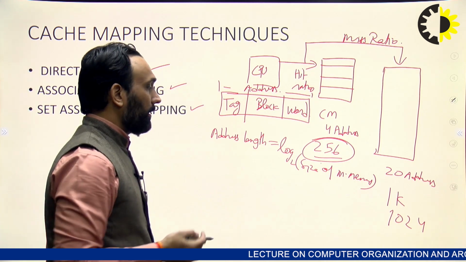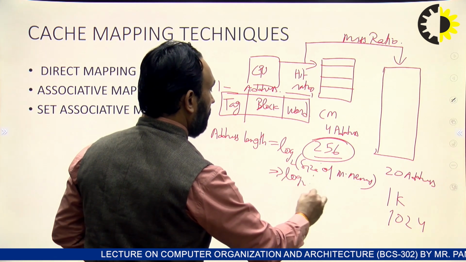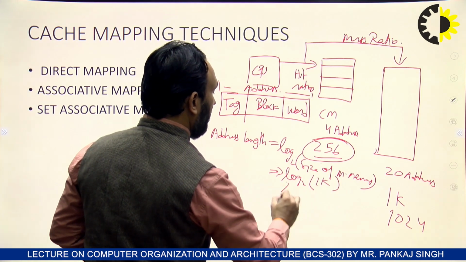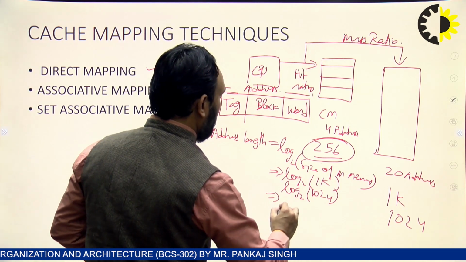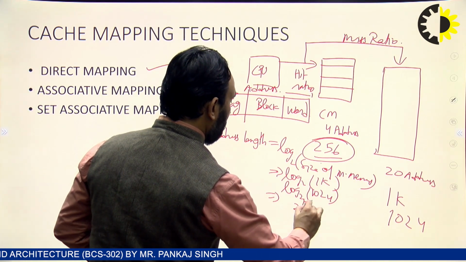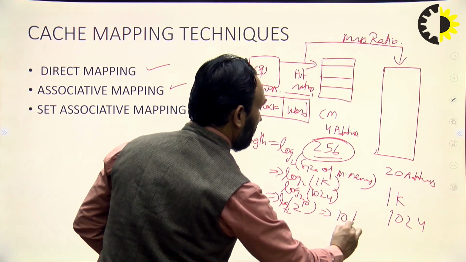Like for example, if we have a memory of 1K, log 2 of 1024, that is 2 to the power 10, log 2 of that will be 10 bits.